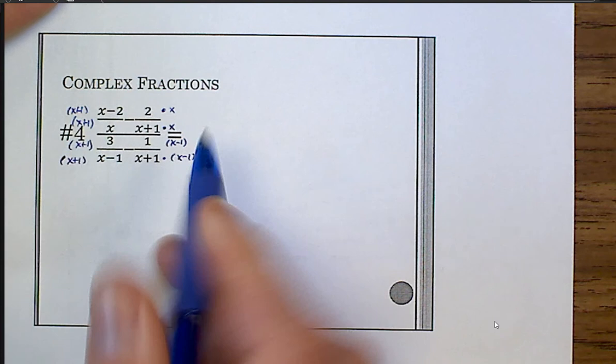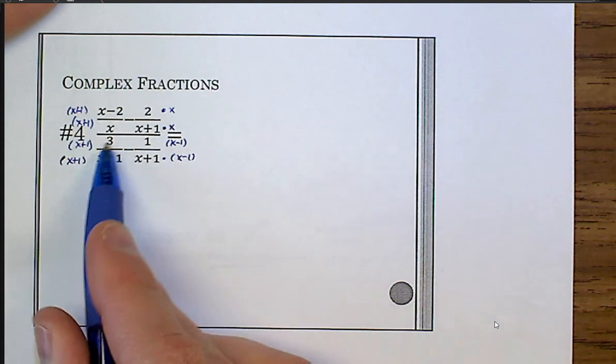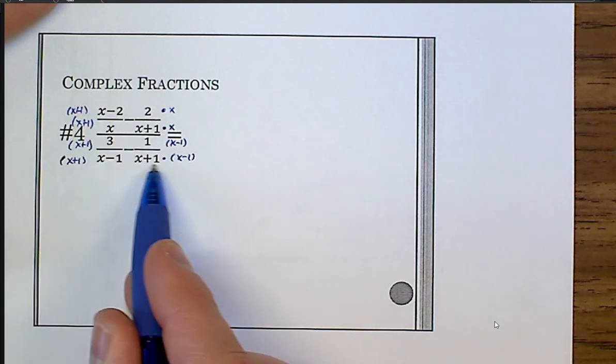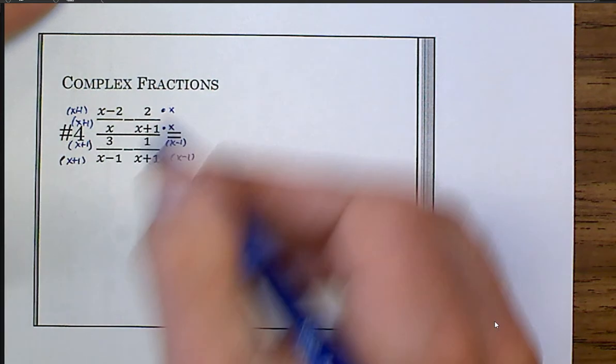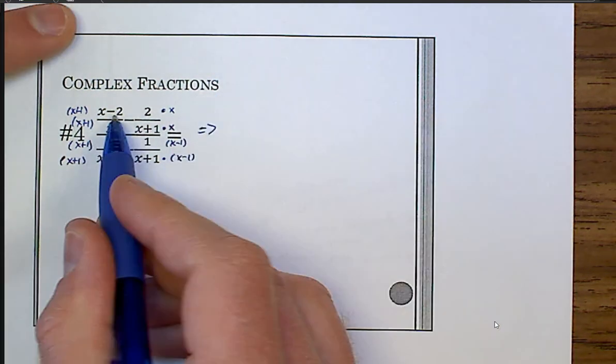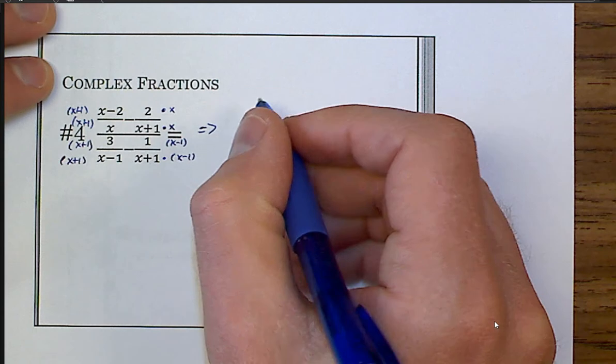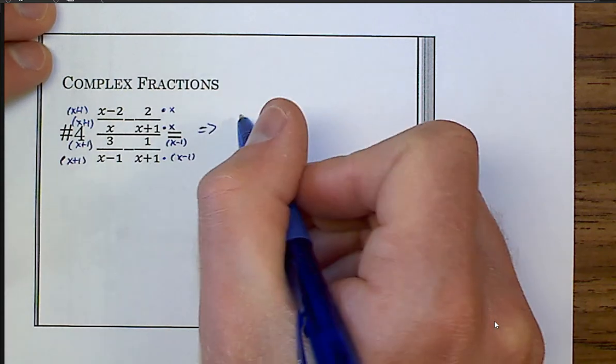So again, I'm going to multiply this fraction of 3 over x minus 1 by its denominator, and now I got to multiply all this stuff out. On the top here, I'm just going to leave it in factored form until I get to the end.